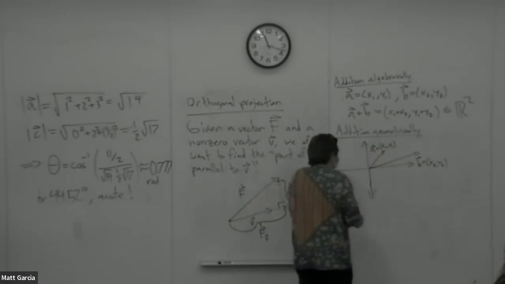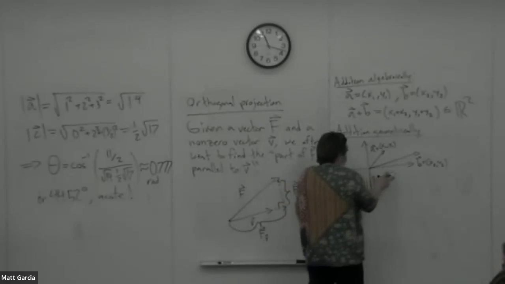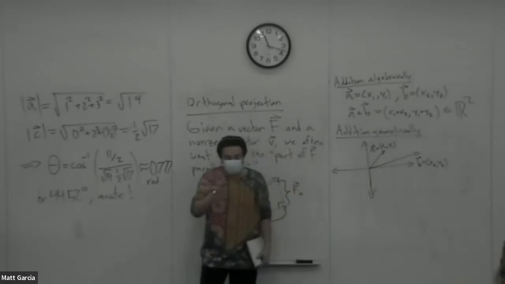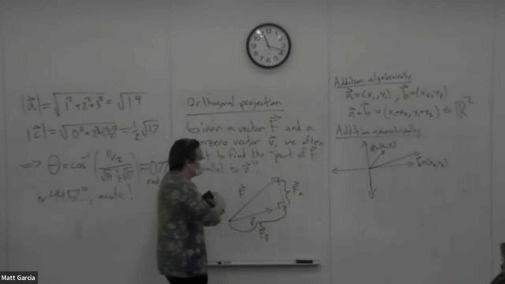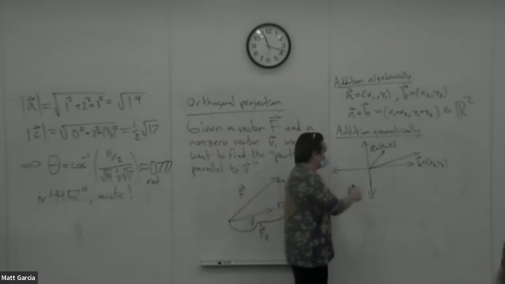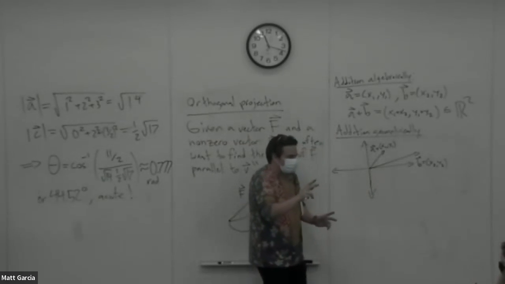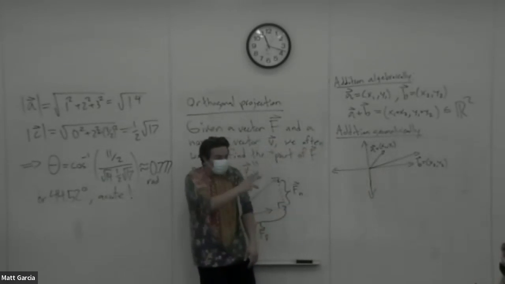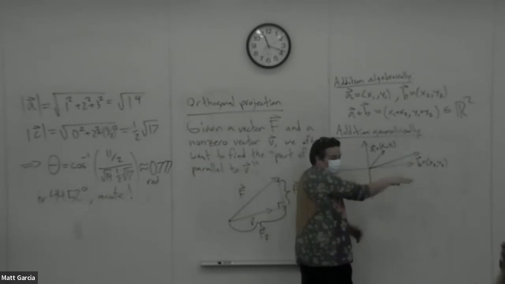What I do is, okay, so this is kind of an important point. Remember that when we draw vectors, we typically draw them with their tails at the origin at 0, 0. That's standard. However, we can move them around the plane as much as we want, as long as we keep the relative angle and the magnitude the same.